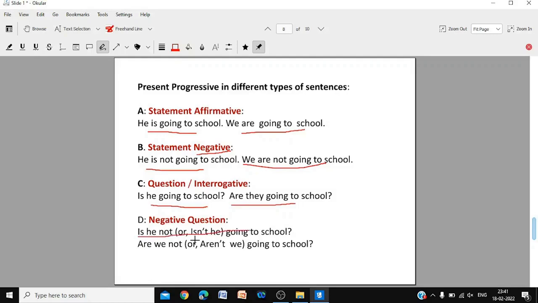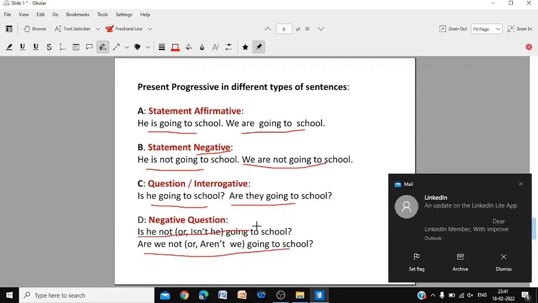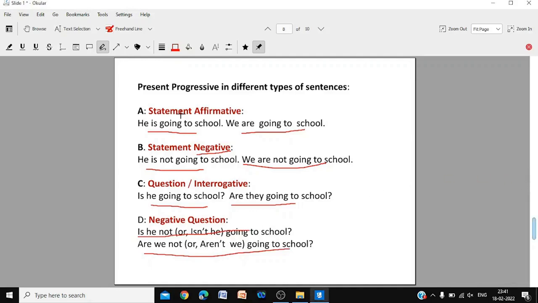Or you can also say, isn't he going to school? Are we not going to school? You can also say, aren't we going to school? So this is the form in different cases. We have the present progressive in different types of sentences: statement positive, statement negative, questions and negative questions.